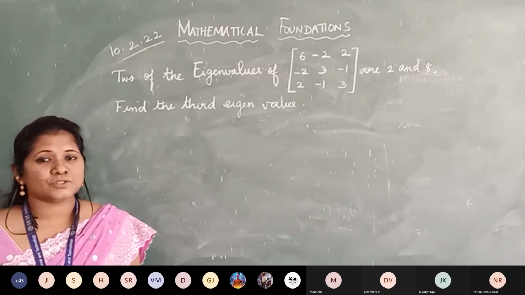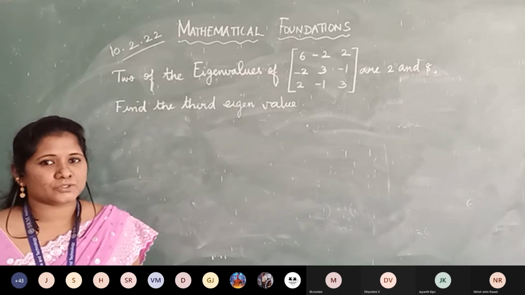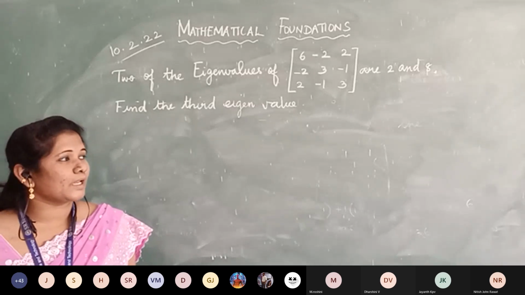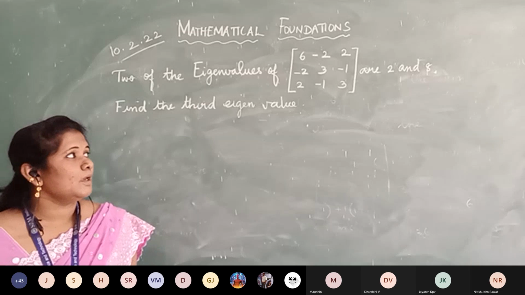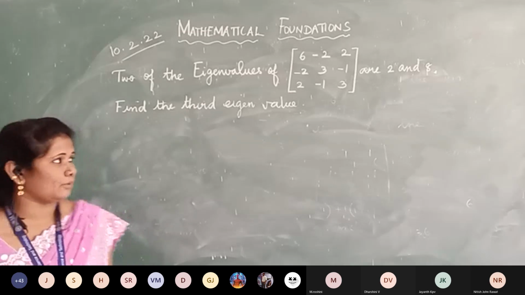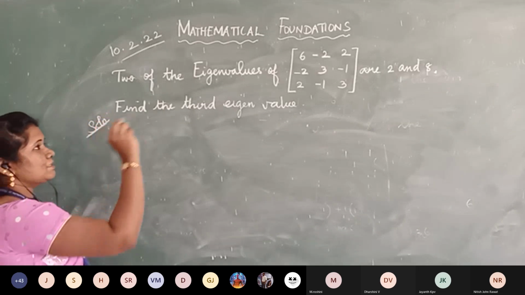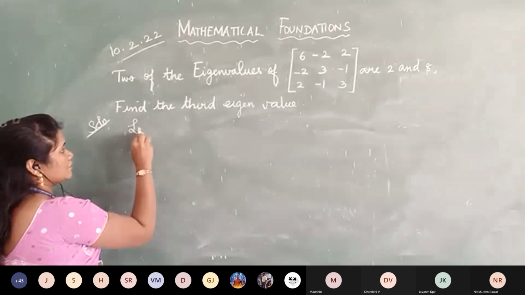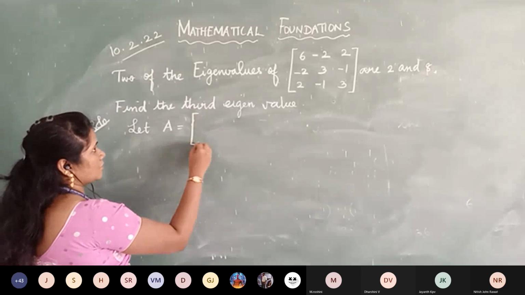Have any idea? So first you have to represent lambda 1, lambda 2 and lambda 3 as your eigenvalues. They have given lambda 1 to be 2, lambda 2 to be 8. Now you have to find out lambda 3. So write it down. Since the given matrix is not represented, write let A be equal to the given matrix: 6, -2, 2, -2, 3, -1, 2, -1 and 3.